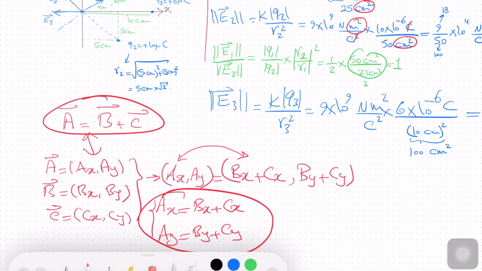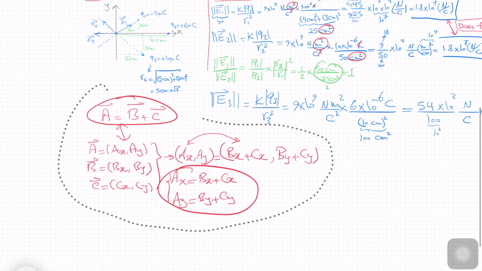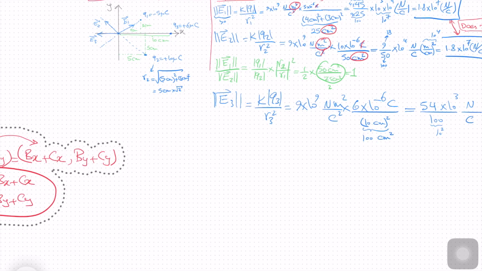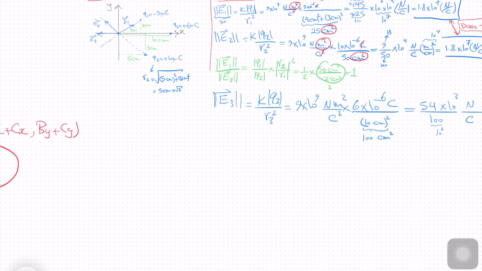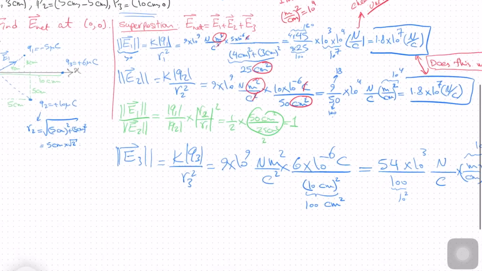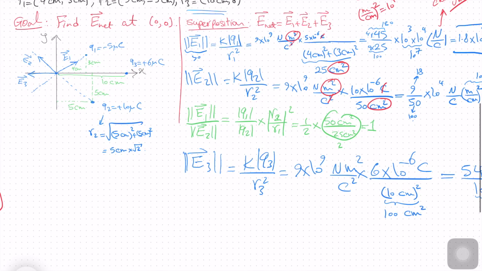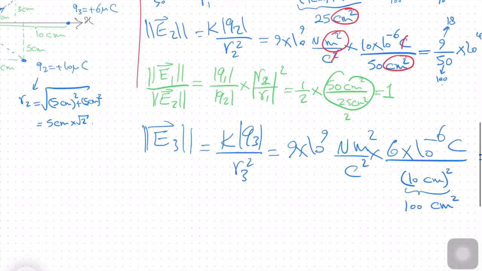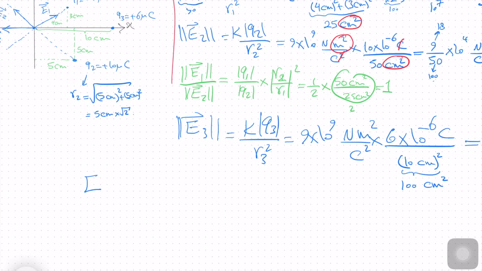Now what this means is that we have to look at the goal of the problem again, which is finding E net, right? So the x component of E net is just E1x plus E2x plus E3x.